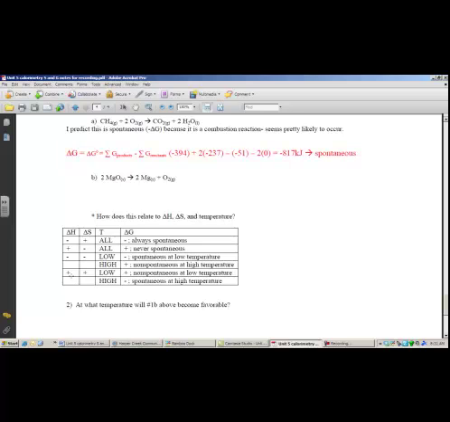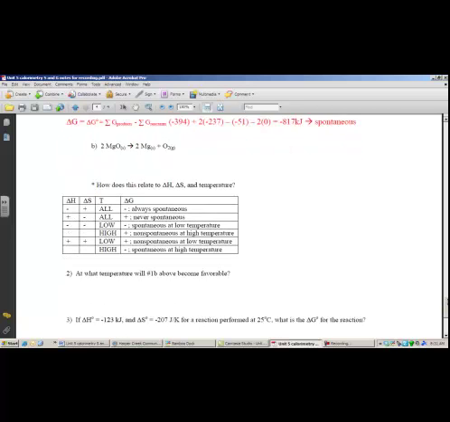And the other extreme would be if you have a highly exothermic reaction that's going towards more disorder, it doesn't matter when, because it's exothermic and it's going towards more disorder. It's going to be spontaneous under all temperatures. So this gives you sort of your extremes and a way to look at it.